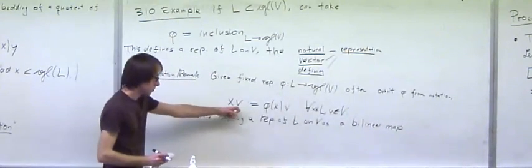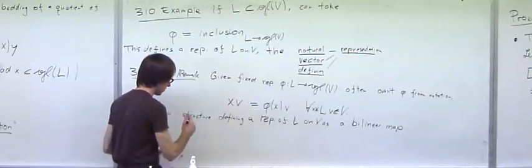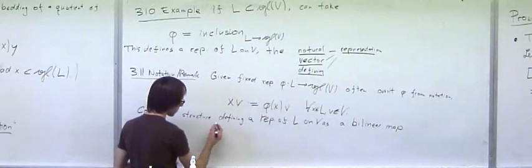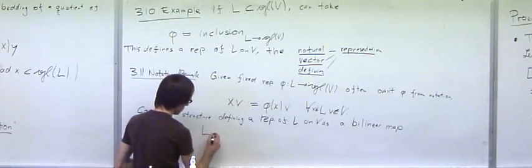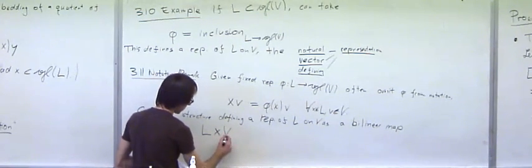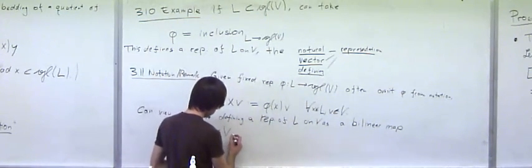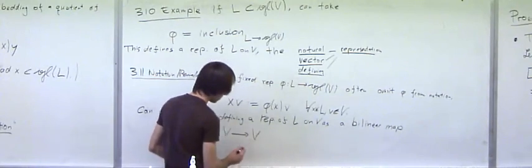Just this product here. So this takes an element of the Lie algebra, and it takes a vector, and it produces a new vector.